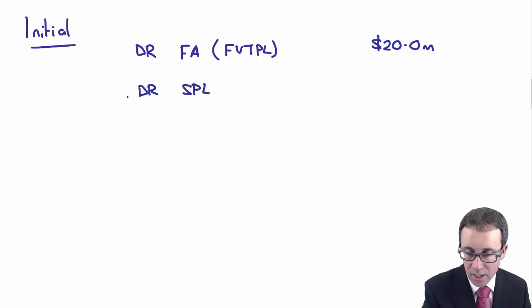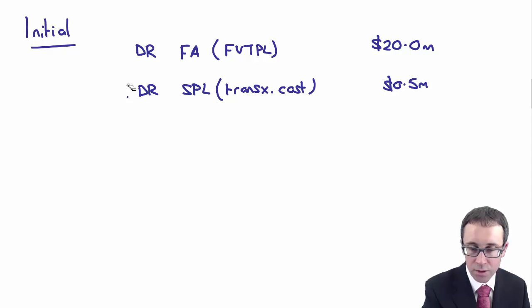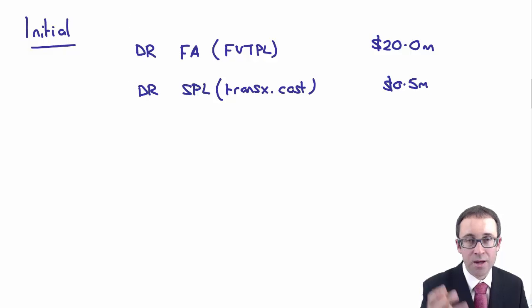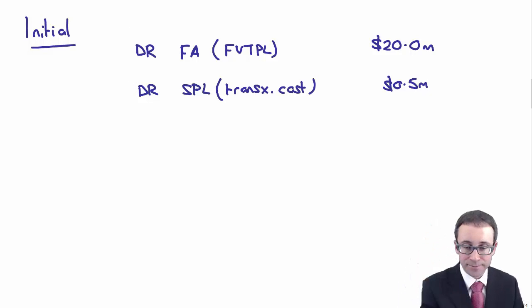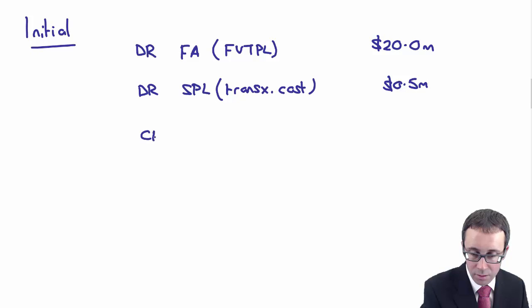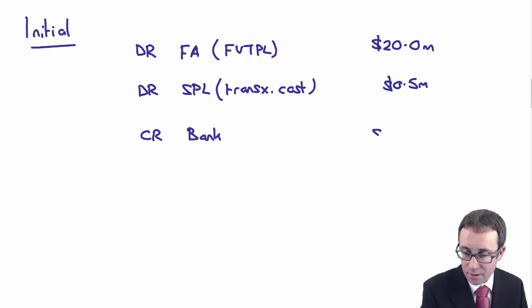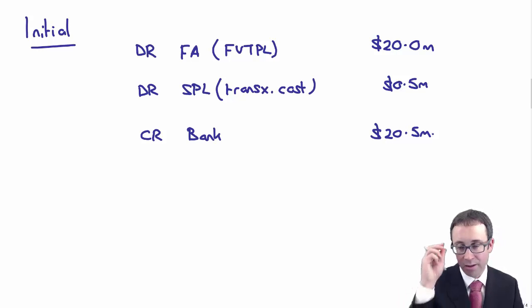You debit your statement of profit or loss with 0.5, because they are your transaction costs, and remember they get expensed immediately through profit or loss, don't they? The credit is then to your bank, isn't it? And you have paid 20.5 million.